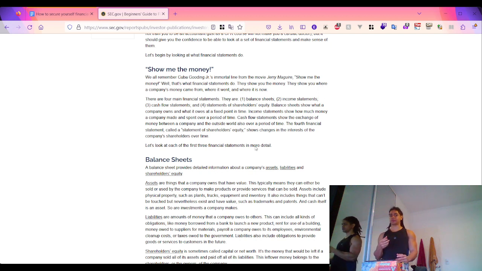Also, I look at accrued expenses and deferred revenue, which are obligations that a company has to provide goods and services for money that has been collected.